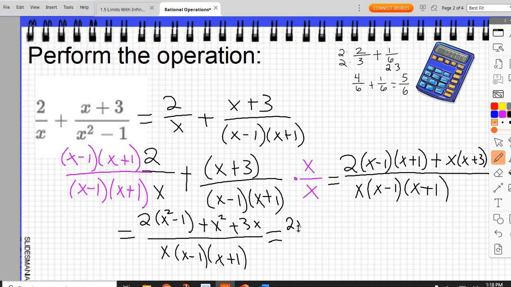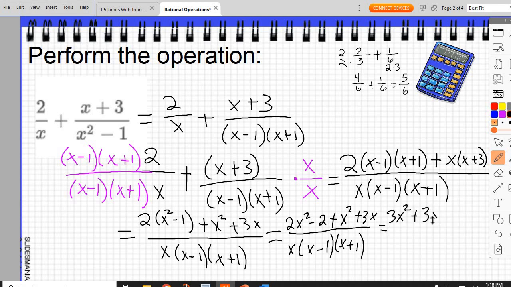Distribute the 2. And then lastly, we need to combine any like terms. So remember, we have to have the same exponent to have like terms. So in this case, we have a 2x squared and an x squared, so we end up with a 3x squared plus 3x minus 2.